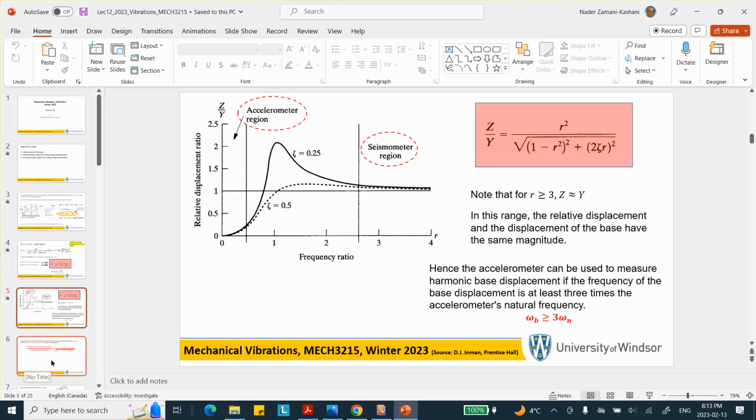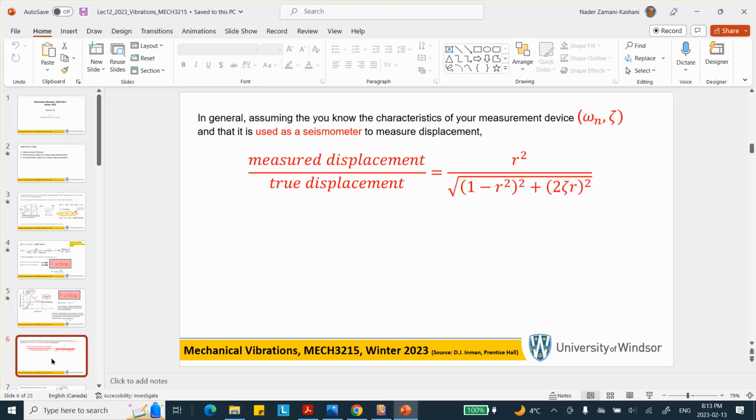Now, a couple of things you should know is that in the seismic region, the measured displacement, these are all in terms of voltages that are internally created from the piezo ceramic all the way to the display screen.